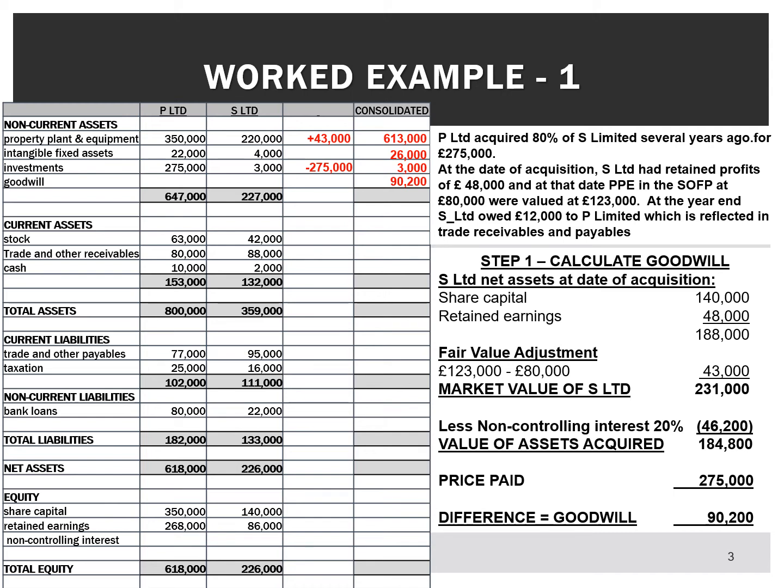If we then move on to current assets, the stock, there's no note in the question here regarding unrealized profits within stock, and so we can simply add those two figures together. Trade and other receivables requires an adjustment. If you remember, the question tells us that there was a £12,000 intercompany balance at the end of the year, so we need to eliminate that from the trade receivables figure.